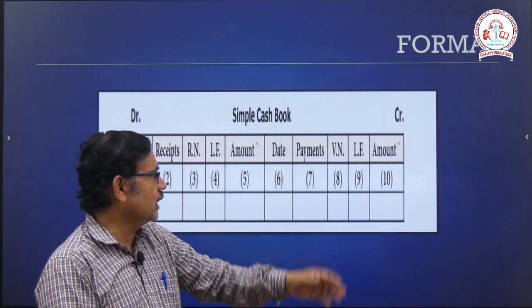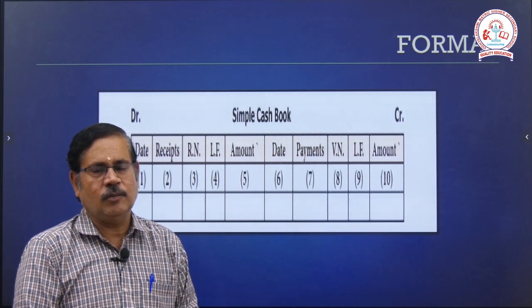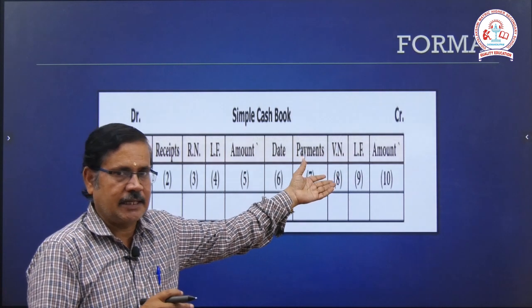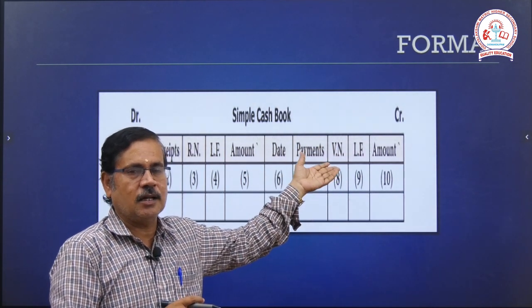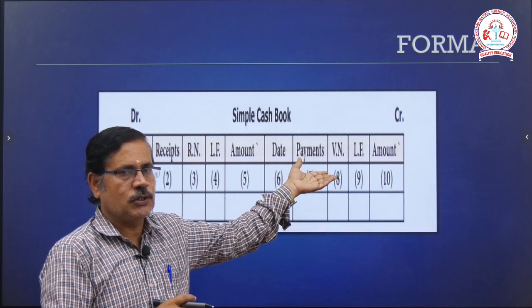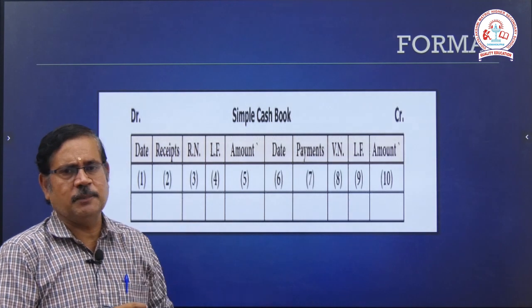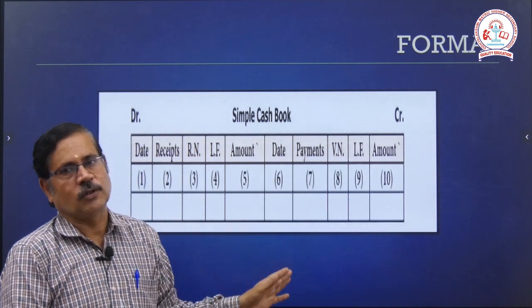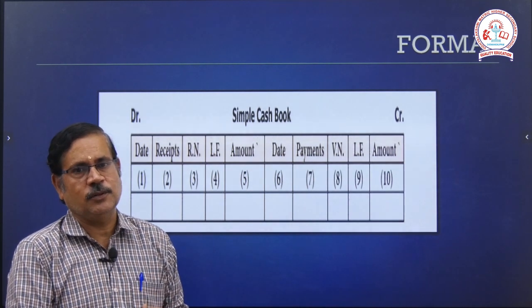Now, on the credit side, the date column has the same date, month and year. In the payment column we enter the paid, given, purchase and expense items, with the name of the account. Then, if there is a voucher number for the purchase or expense paid, we mention it in this column. Then the ledger folio page number, and the last column is for the amount. So, this is the format for our simple cash book.